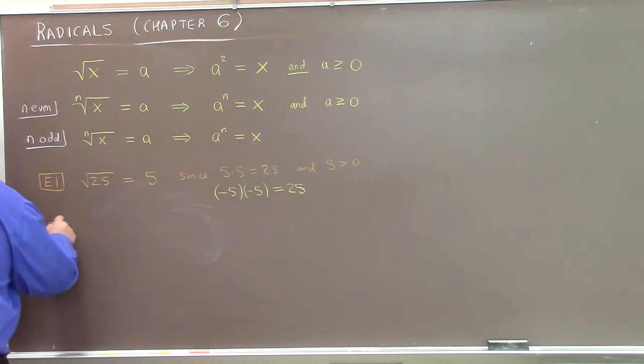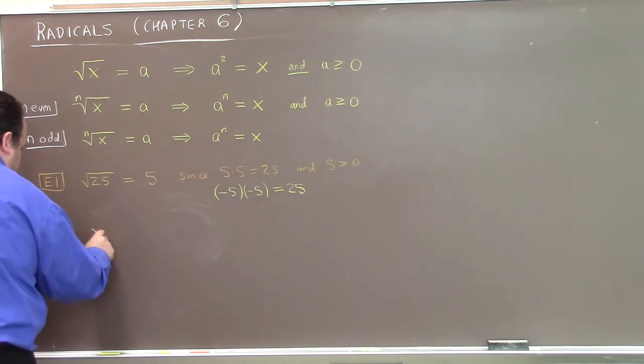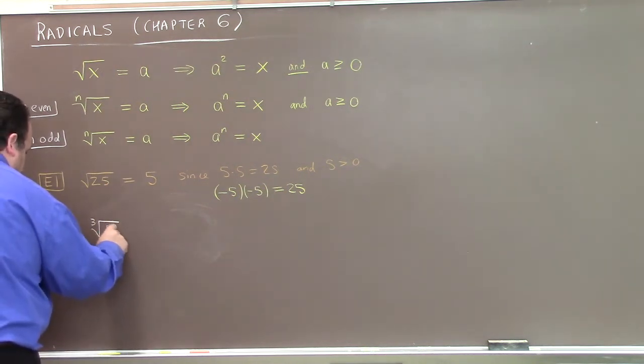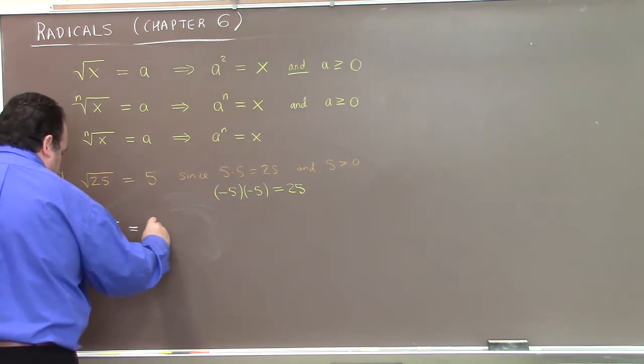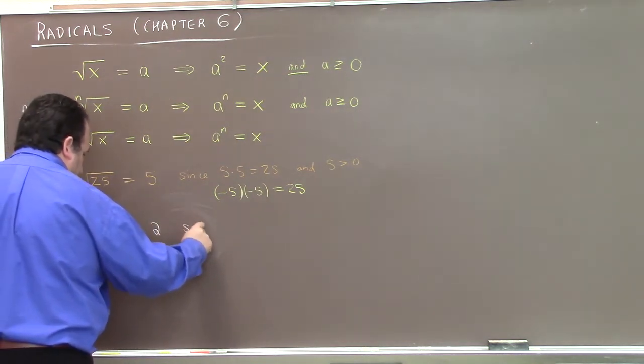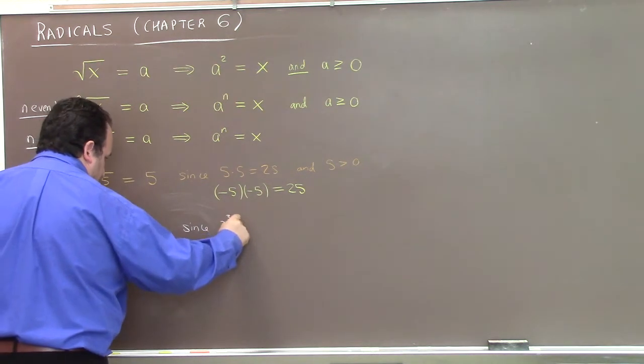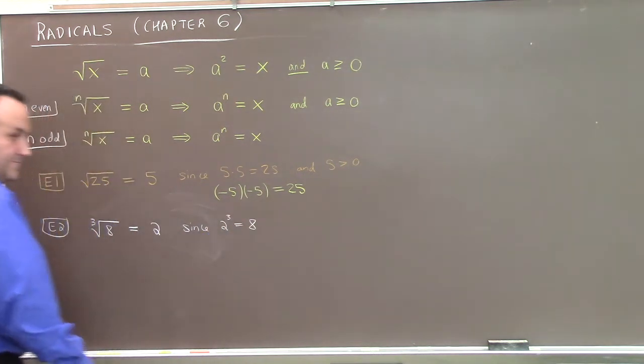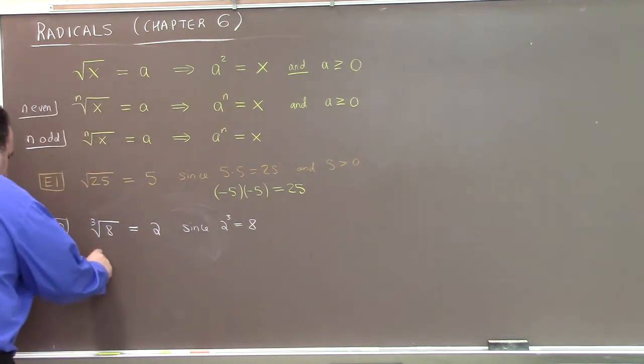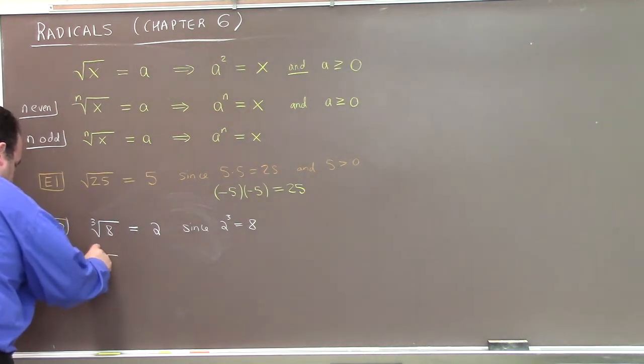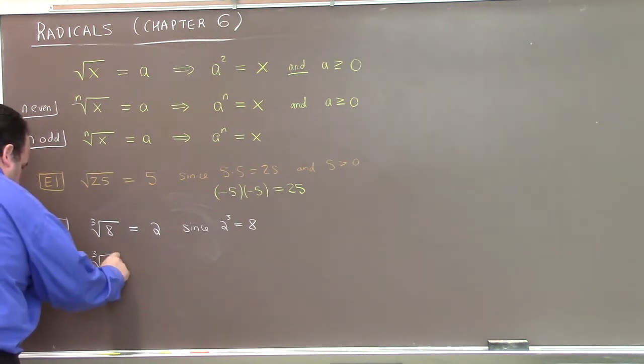Example 2. If we calculate the cube root of 8, we can see that that's 2, since 2 cubed is equal to 8, right? But we can also calculate the cube root of minus 8.